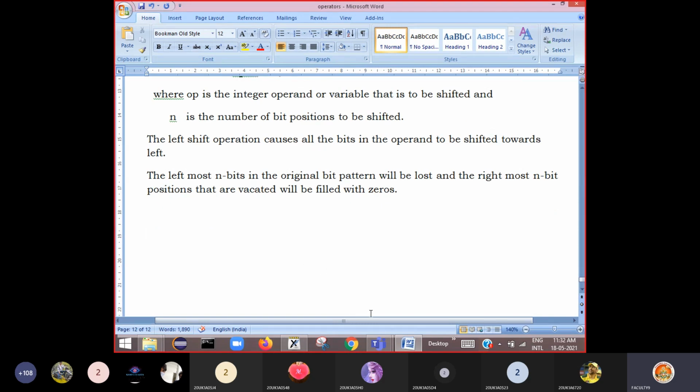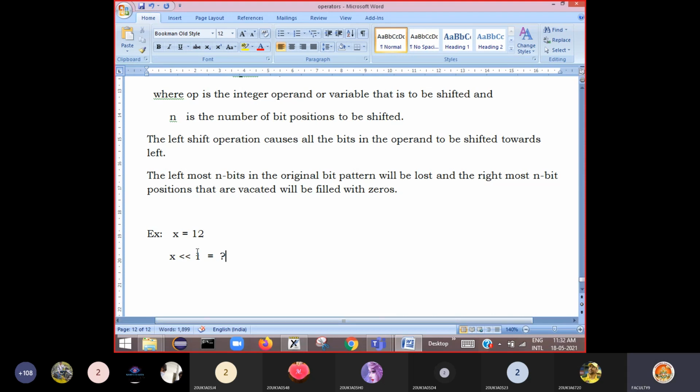Okay, so I'll take an example so that it becomes easy for you. Say x is equal to 12. And if I say x left shift 1, then what is the answer I will get?